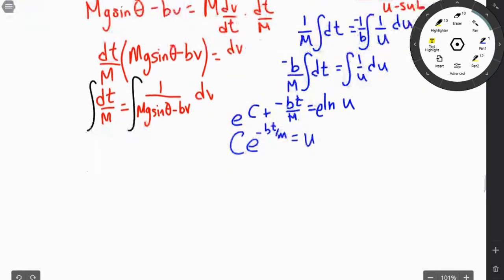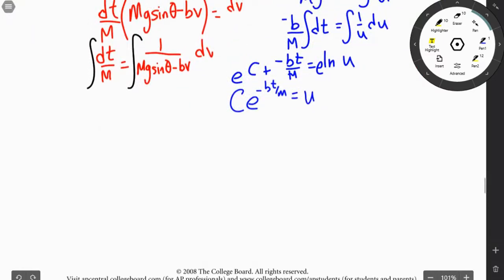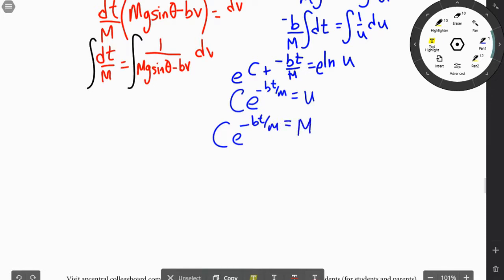Now u was that mg sine theta minus bv. So c e to the negative bt over m equals mg sine theta minus bv.